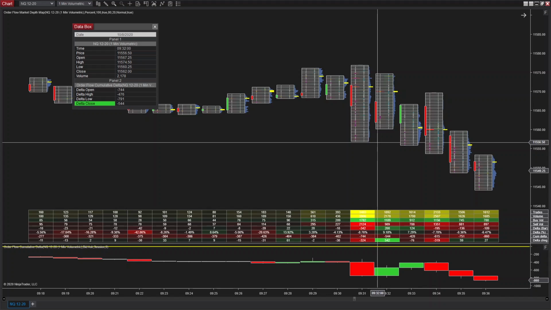So there's no way for us to know that, and there's no way for the indicators to know that. So to say, well, look for this delta every day, to me would be inaccurate. And if anybody tells you that, oh, well, just look for delta to go to a certain area, I say that's just a guessing game. We don't know. It depends on how many traders are participating that day.